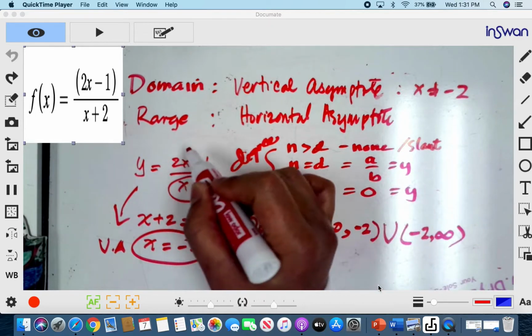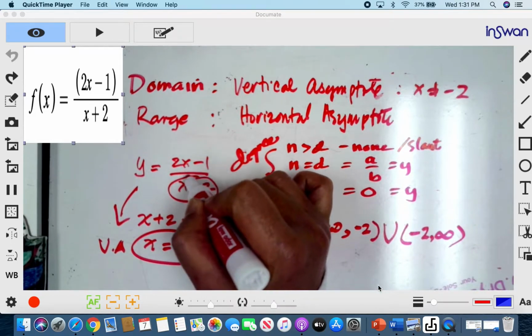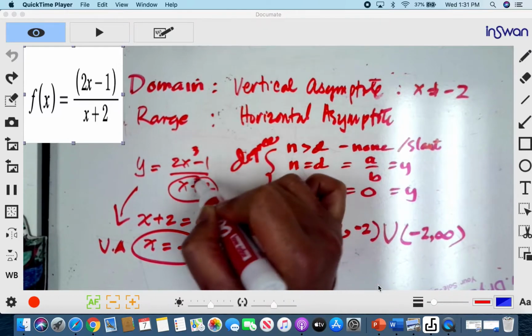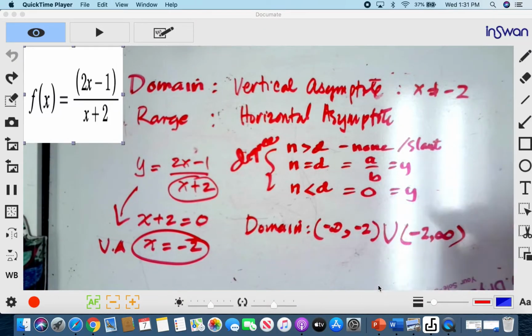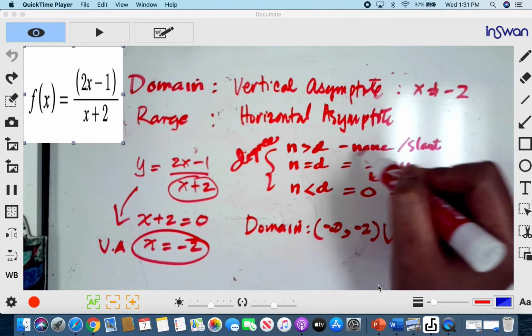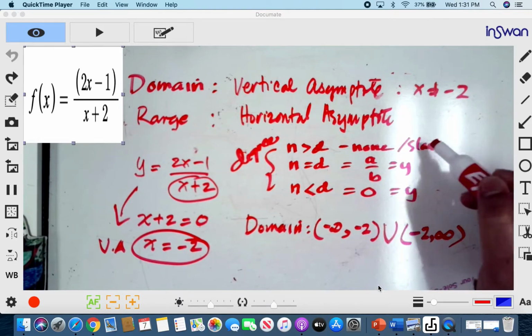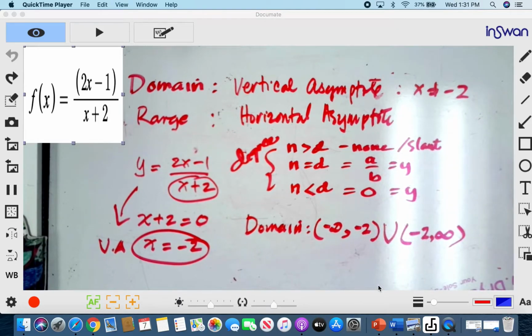For example, if I put 3 here and it's 1 here, 3 is greater than 1, so therefore there is no horizontal asymptote, it is a slant asymptote. Meaning it's slanted, it has a slope by itself.